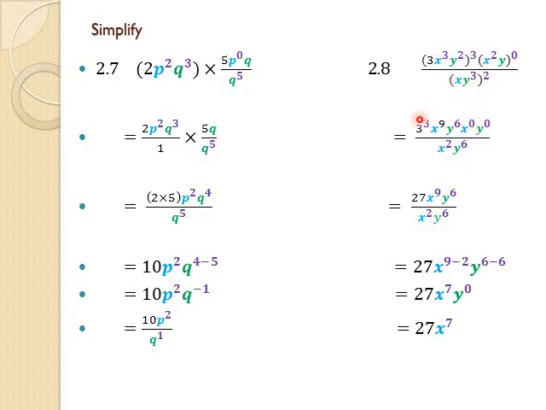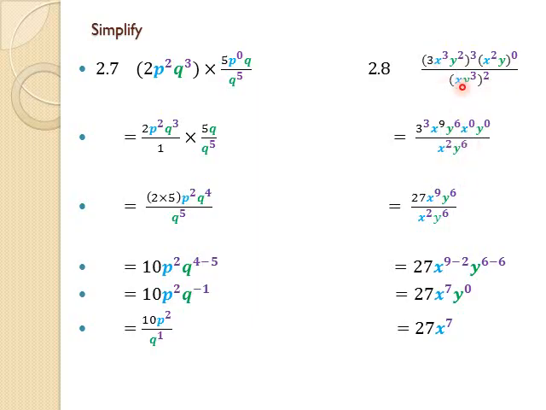So 1 times 3 gives me 3. 3 times 3 would give me the 9. 2 times 3 gives me 6. Right, on this side, 2 times 0 gives me x to the 0. 1 times 0, y to the 0. Bottom, 1 times 2 gives me 2. 3 times 2 gives me 6.